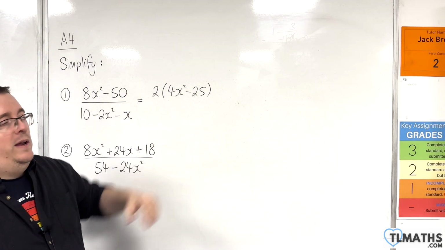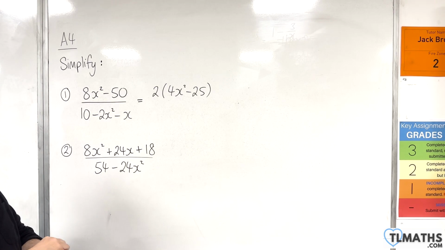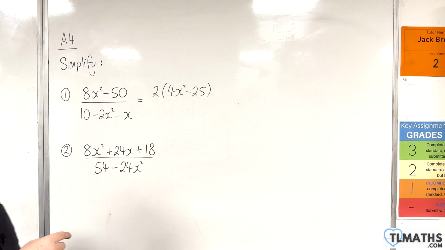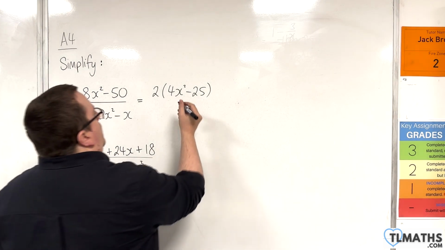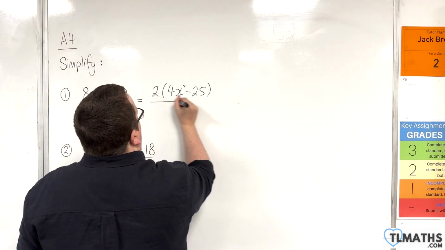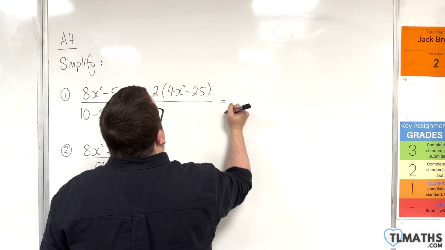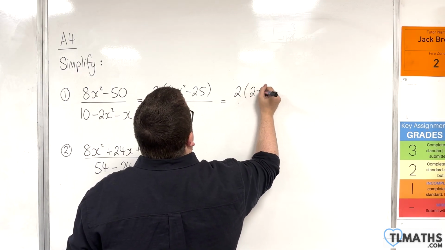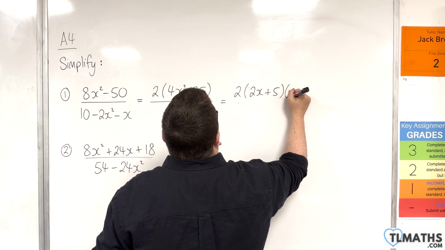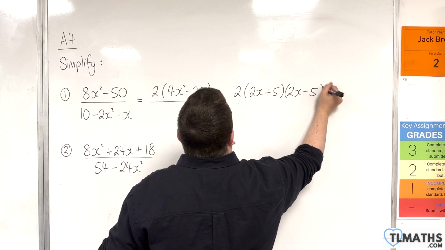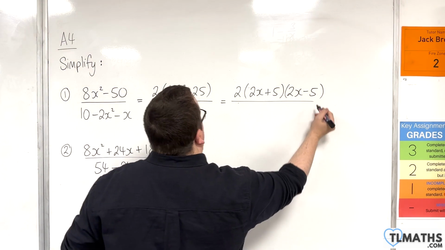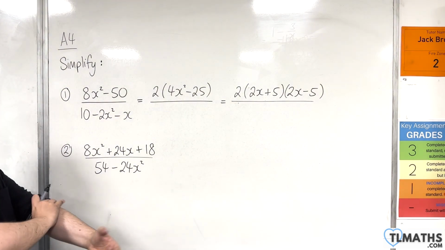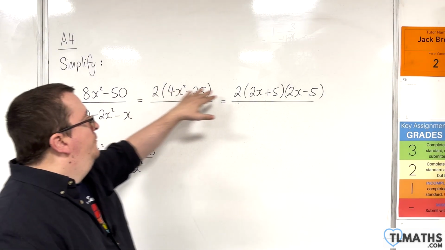Now 4x squared take away 25 we need to spot as a difference of two squares. Okay, so what I would want to do is I could already spot that this is going to be two lots of 2x plus 5, 2x minus 5. Okay, so going through that process for the numerator.